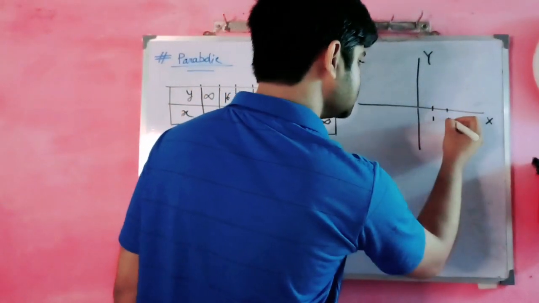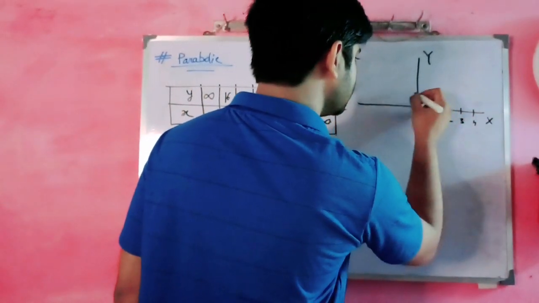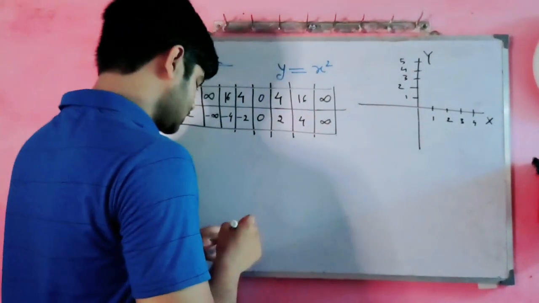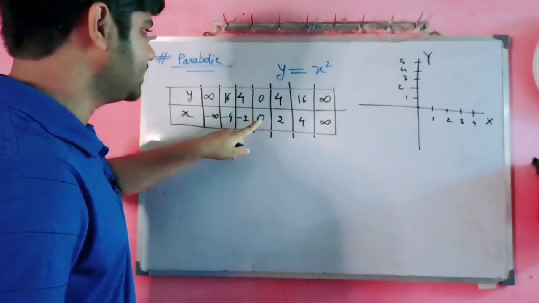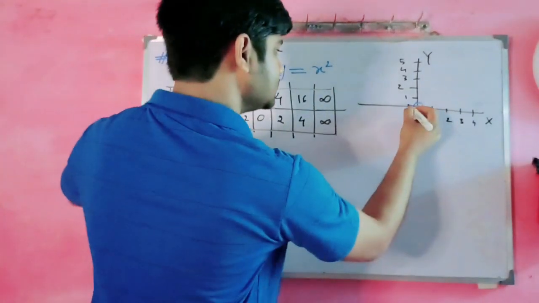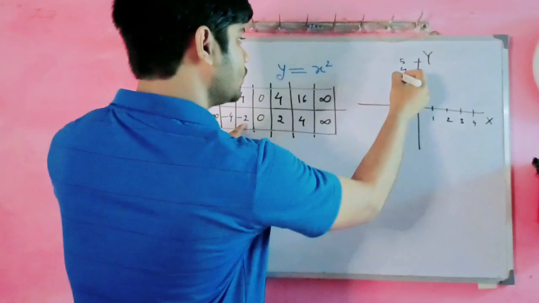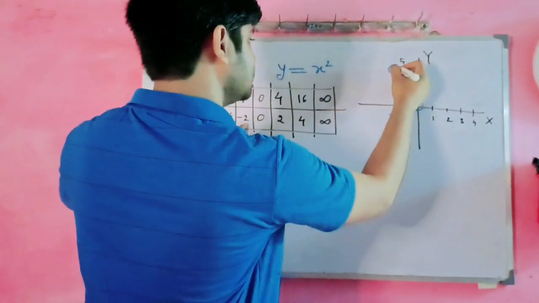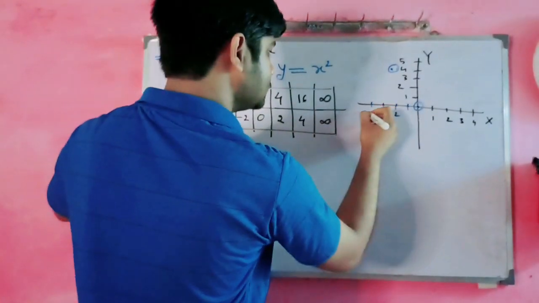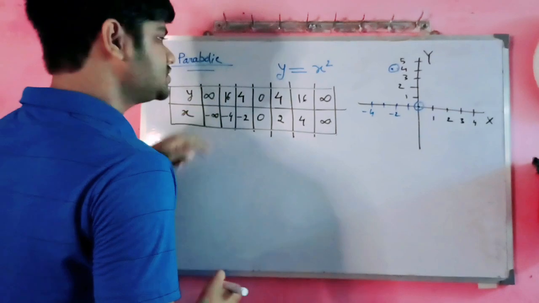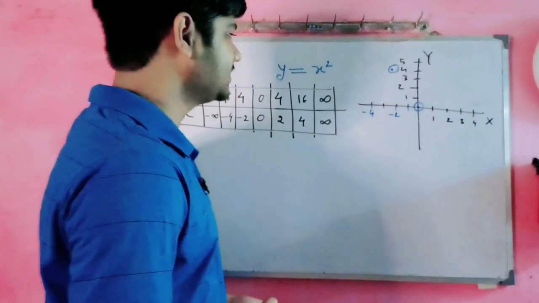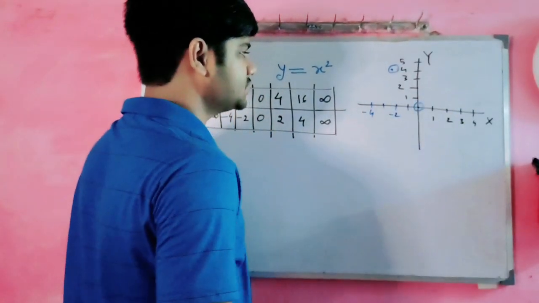Say this is 1, 2, 3, 4, 1, 2, 3, 4, 5, and so on. Now when x equals 0, y equals 0, we get this point. X equals minus 2, say this is minus 2, y equals 4, so this point. Now x equals minus 4, y equals 16, so the value goes beyond the board, so we can't show it to you.